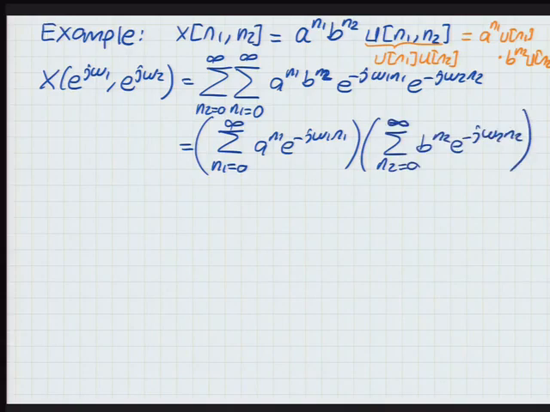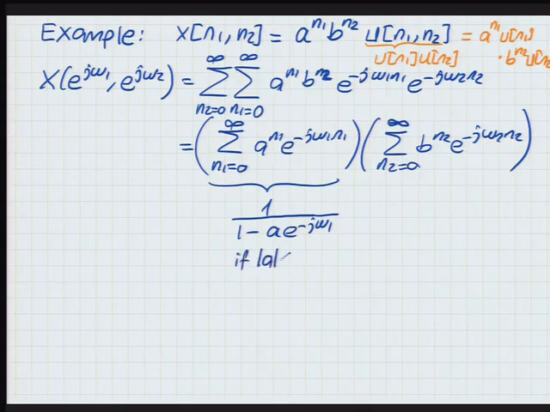So what do you know about this? This is our good old example for 1D Fourier transforms. Let's see who can remember. 1 over 1 minus a. Okay. But you forgot to say when this is true. If a in absolute value is smaller than 1.